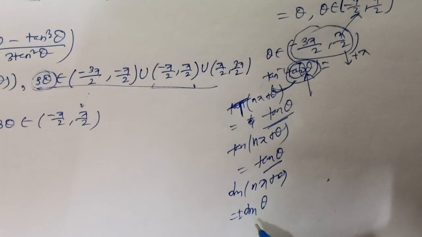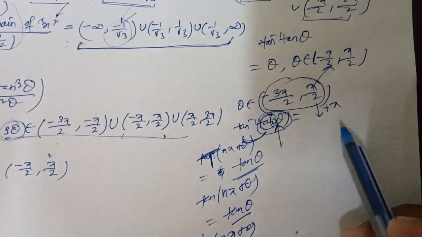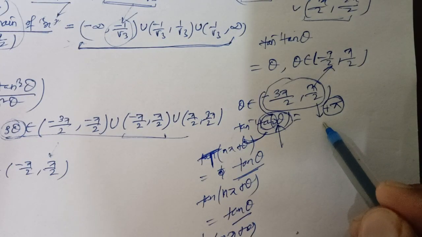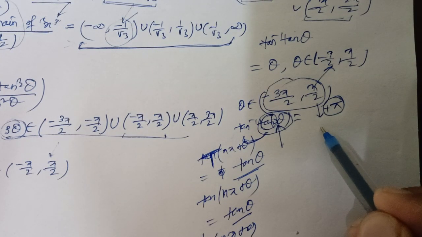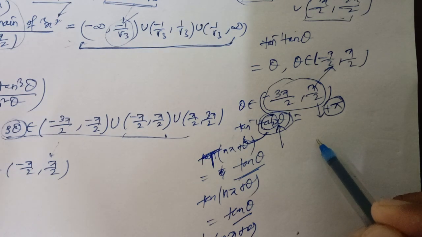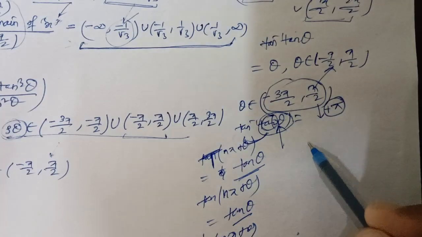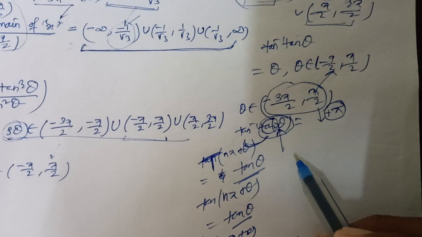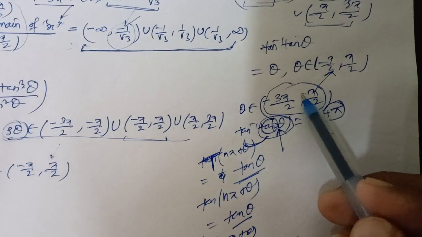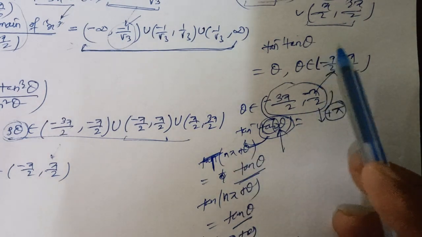Okay, now what I mean is if we add pi to this interval, we see that this interval, wait a minute, okay, this is negative, right? Did I make a mistake somewhere?